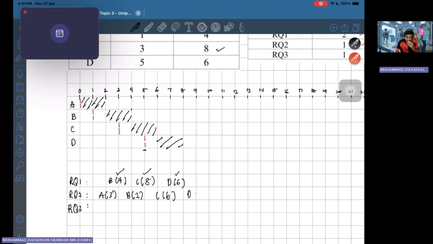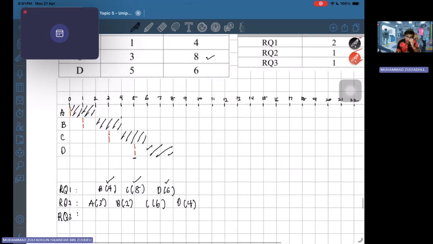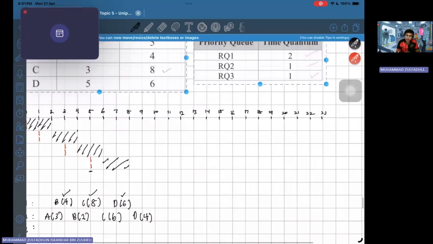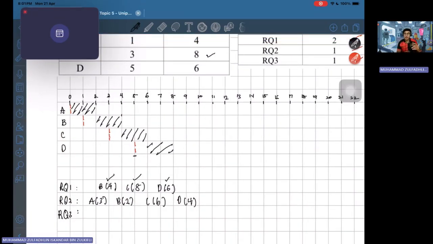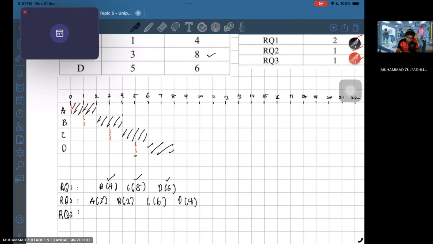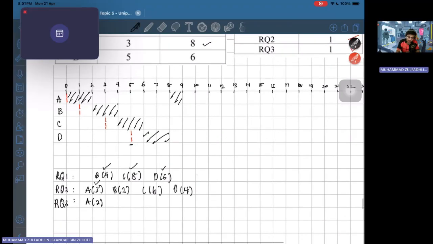With D, the balance is 4, and then we go back to A, but at RQ2, the time quantum is only 1, so we run only for 1 second. So for A, we run 1 here, and then we move A to the lower level of the queue. So the remaining of A is 2.